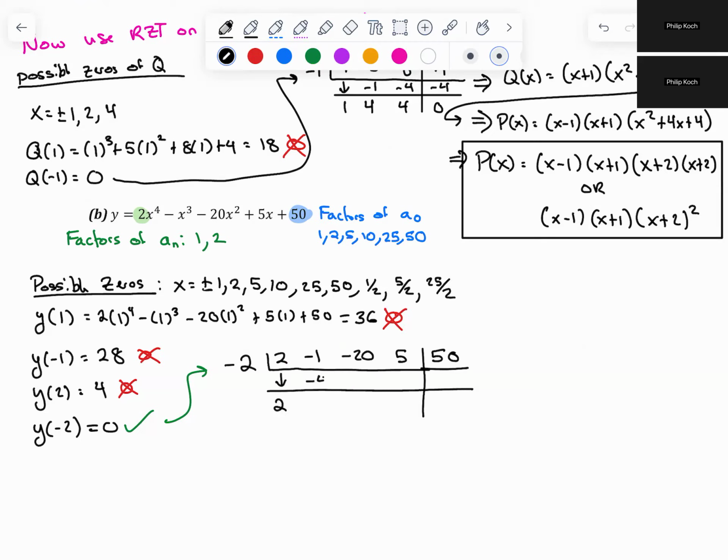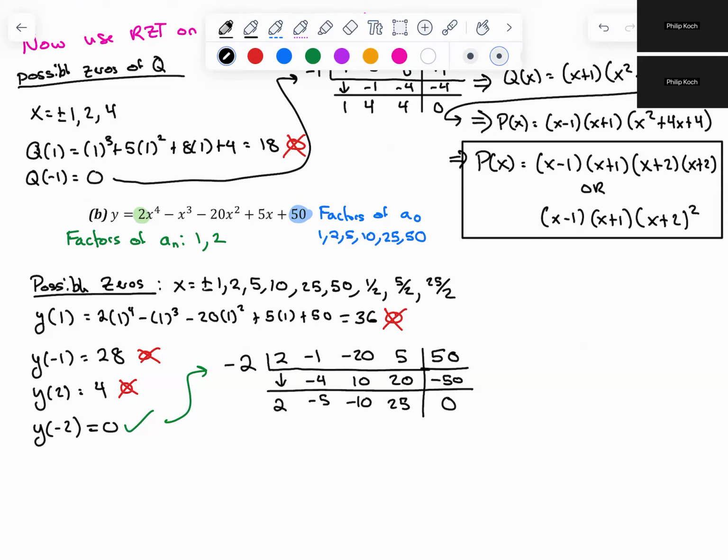To -4, -5, 10, -10, 20, 50, and 0. Good, good. It does work out. If we didn't get 0, that means that we made an error somewhere, either in plugging into our calculator or in our synthetic division.